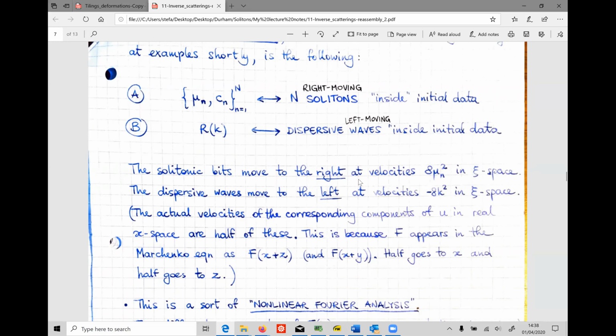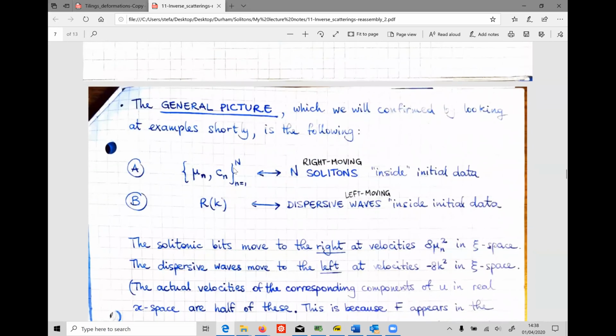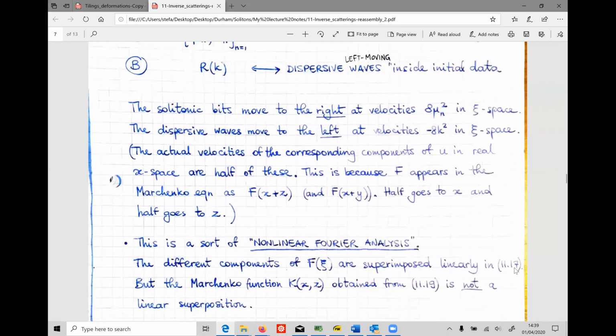So once you have a scattering solution with wave number k, that will lead to a dispersive wave which moves to the left with velocity minus 4k squared, whereas from a bound state solution with eigenvalue mu n, we obtain a soliton which moves to the right with velocity 4 mu n squared in physical x space.